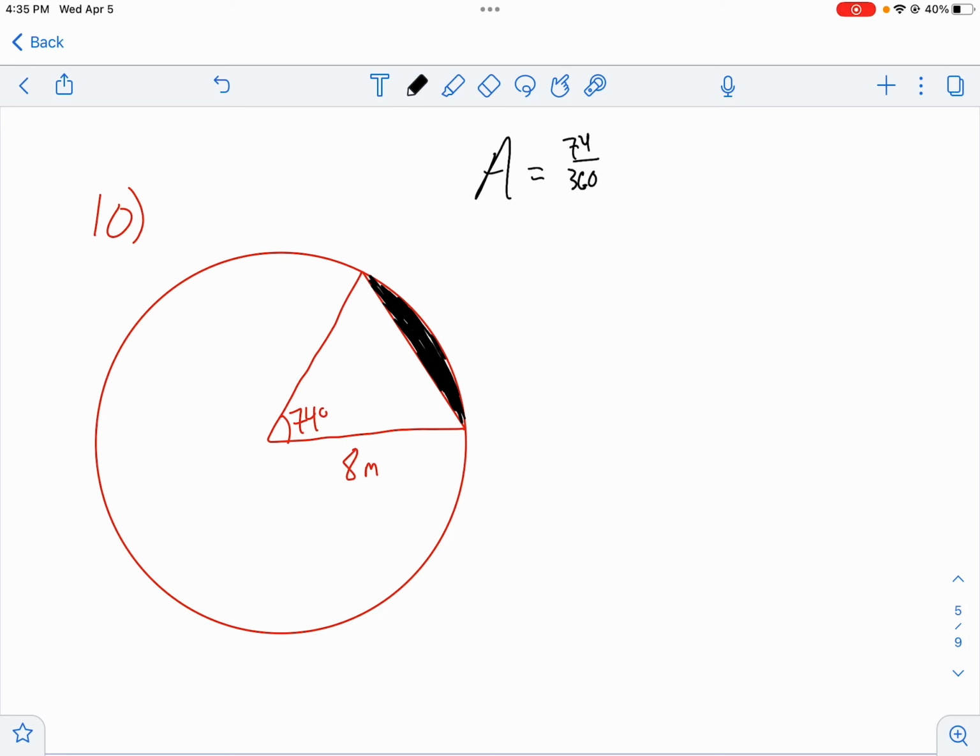That fraction of the angle times pi r squared, so pi 8 squared, minus the area of the triangle. Area of the triangle is going to be 1/2 base times height, right? 1/2 times the base, don't know the base yet, times the height, don't know the height either yet. Okay, let's find the base of the triangle and let's find the height.